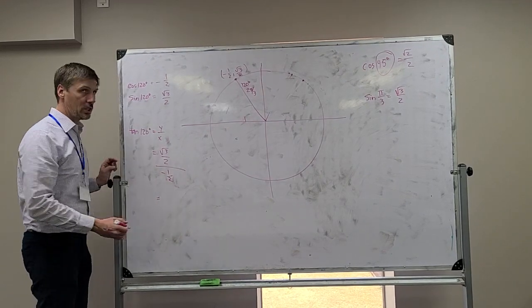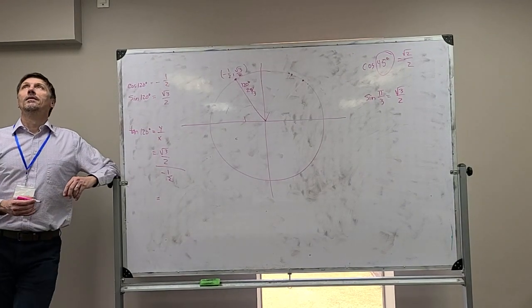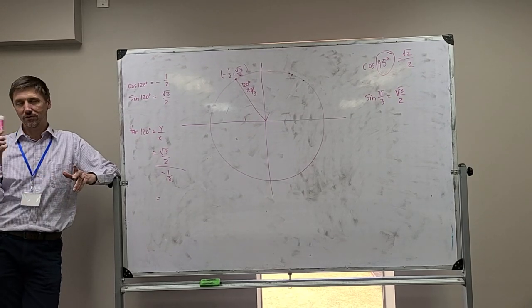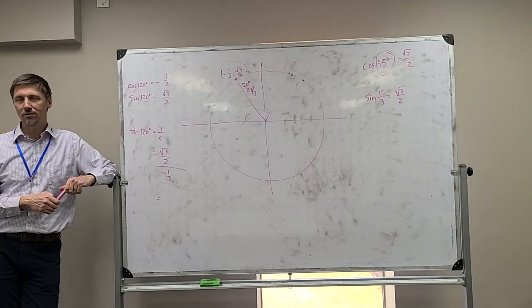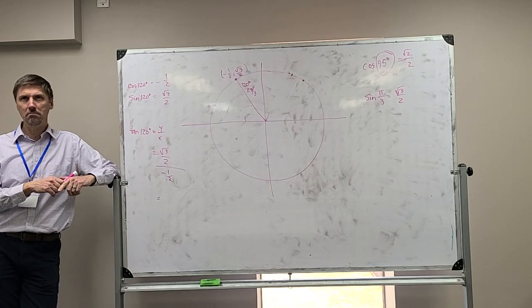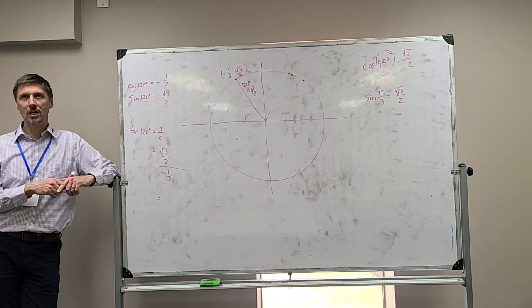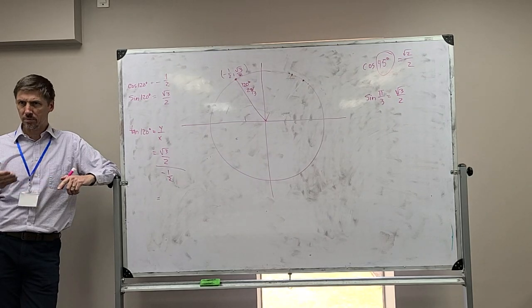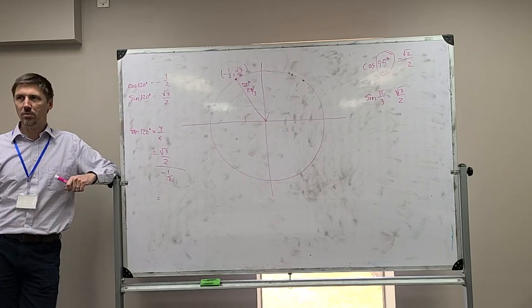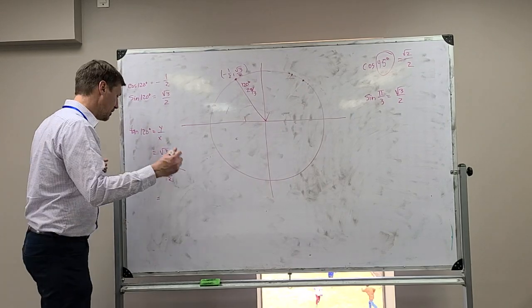Some teachers teach it as keep, change, flip. You keep the numerator the same, change the sign from division to multiplication, and flip the denominator. I just think multiply by the reciprocal of the denominator.